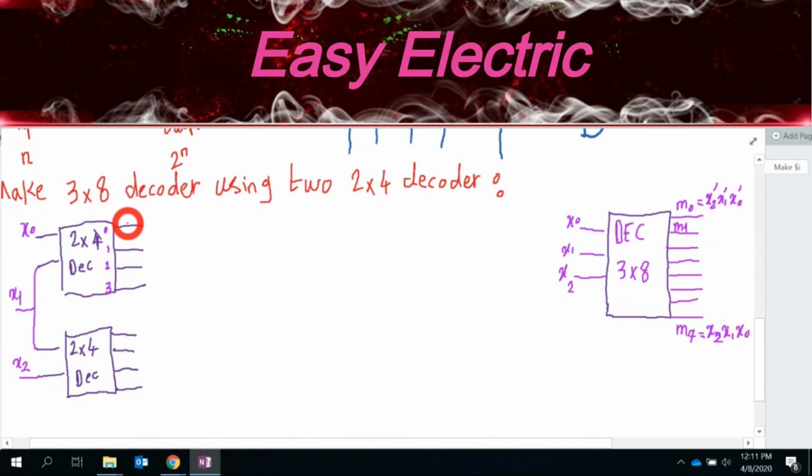Definitely x1' x0'. How about midterm 1? It should be x1' x0. Midterm 2 should be x1 x0'. And midterm 3 should be x1 x0.